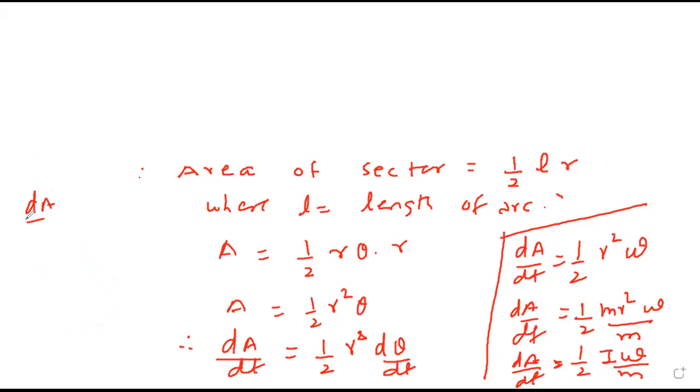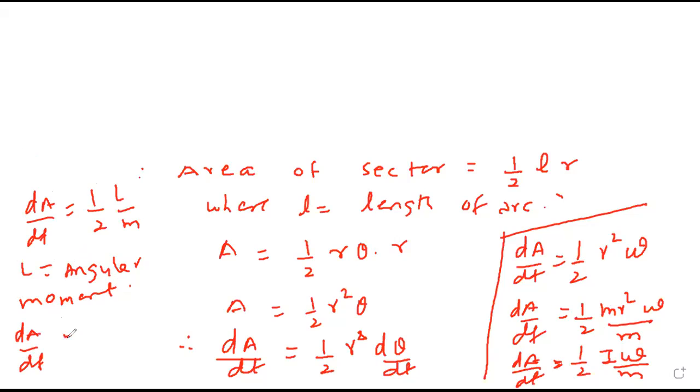So dA upon dt is half L upon m, where L equals angular momentum. This angular momentum is always constant if there is no external torque acting. So dA upon dt becomes constant because L and m are constant. So what are you getting?